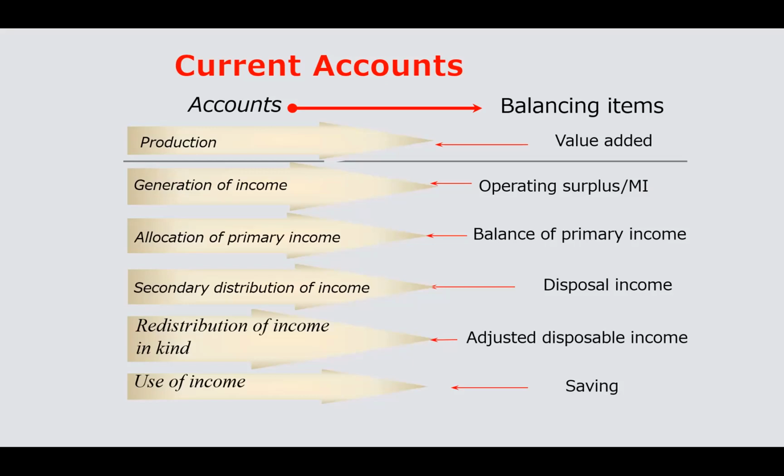The balancing item for the secondary distribution of income account is disposable income. The balancing item for the redistribution of income in kind is adjusted disposable income. And the balancing item for the use of income is saving.